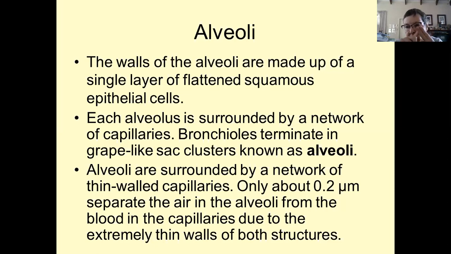So only two layers of very, very flattened cells separate the air in the alveolus from the blood in the capillary. And it's only about 0.2 micrometers distance that those two layers make together. So only about 0.2 micrometers separate the air in the alveoli from the blood in the capillaries, because the walls of both structures are really thin.